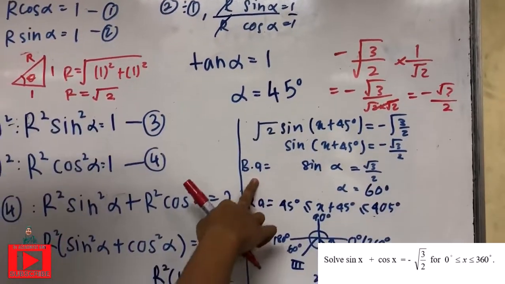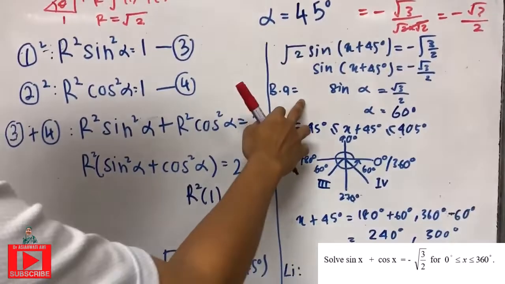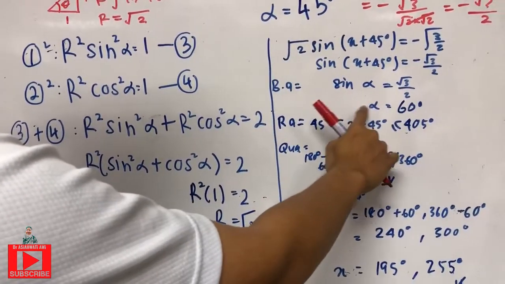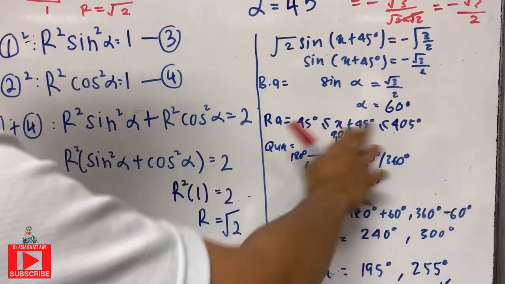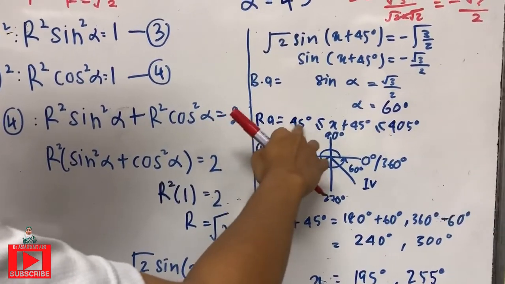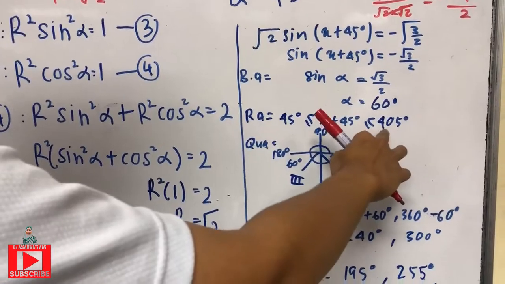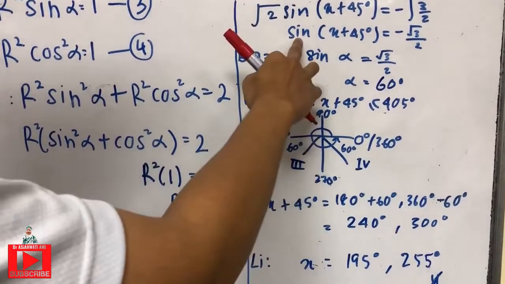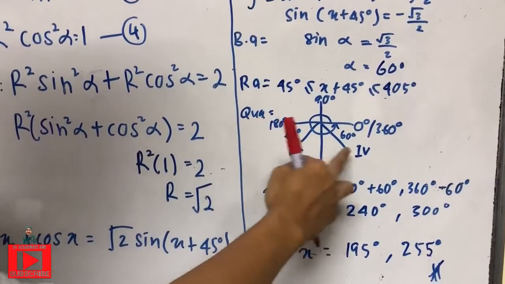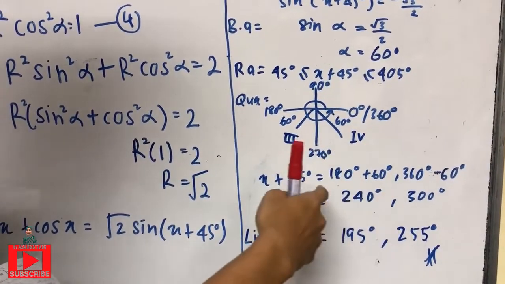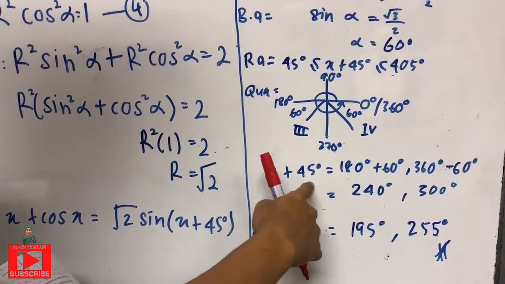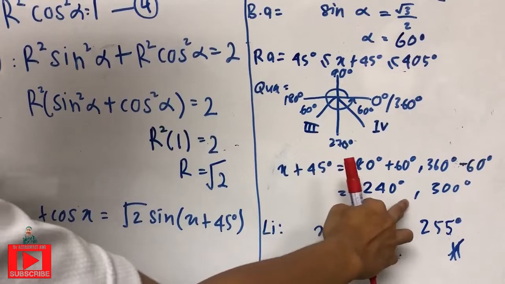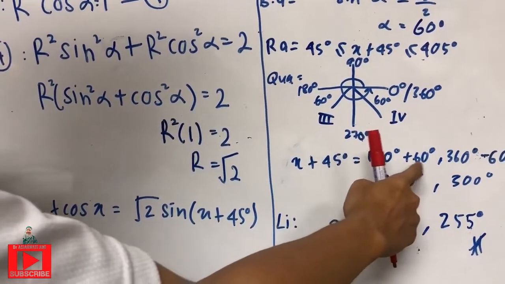And then kita guna teknik baru. Basic angle dia sin alpha equals to root 3 over 2. And then alpha kita akan dapat 60 degree. And then dia punya range dia 45 degree until 405 degree. And then untuk quadrant dia, sin negative would be on third and fourth quadrant. Untuk x plus 45 degree, the first one 240 degree sebab 180 degree plus 60 degree.